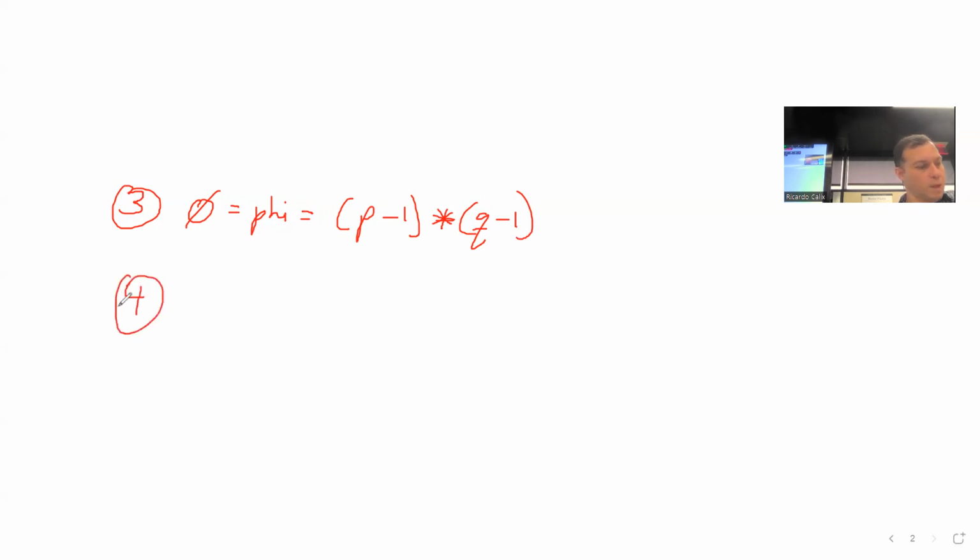Step 4, and this is where it starts to become a little bit more complex. For now I'm just going to say with additional conditions, and then we're going to drill down into what that means. Basically, you're going to select an integer E. This is called the encryption exponent. It makes up one of the two elements of the public key.